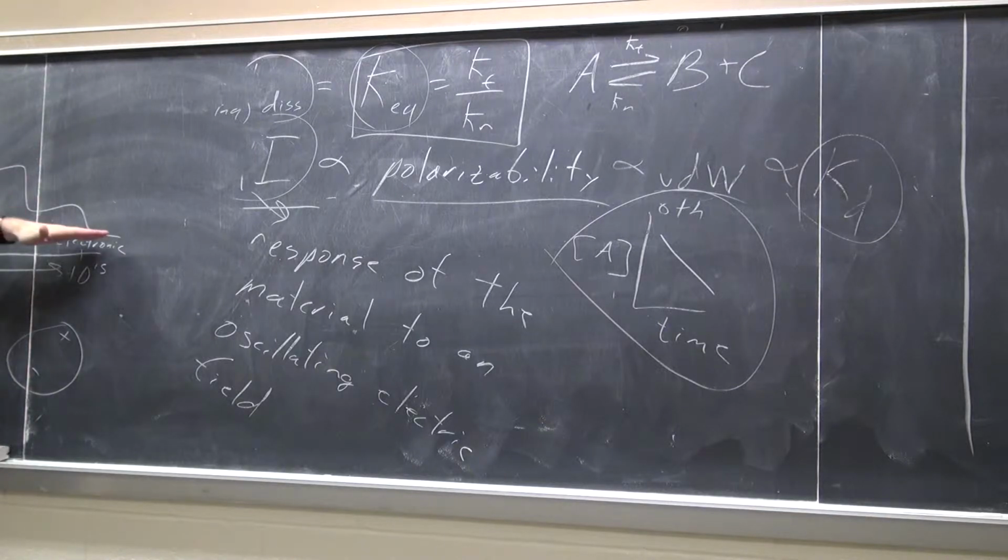If you're only accessing electronic transitions, that gives you a small value for the dielectric permittivity. And so this is the important part about this chart that you should remember. And so remember, this is refractive index, dielectric constant. You had a question on your exam about the decreasing dielectric constant with increasing frequency.